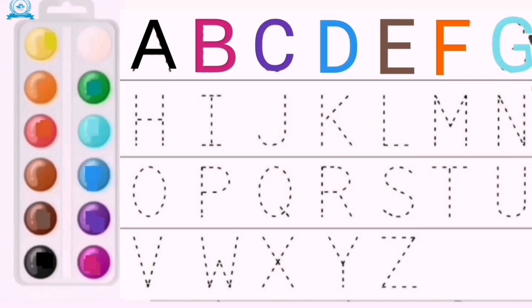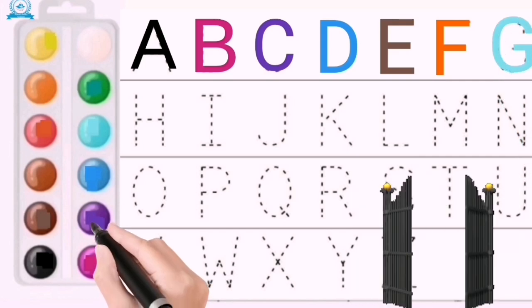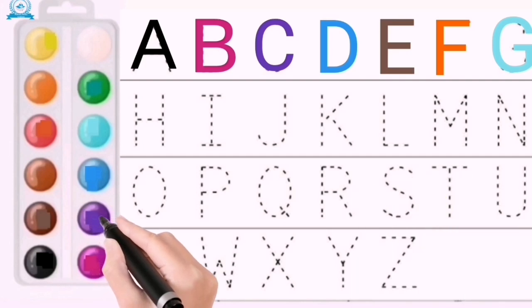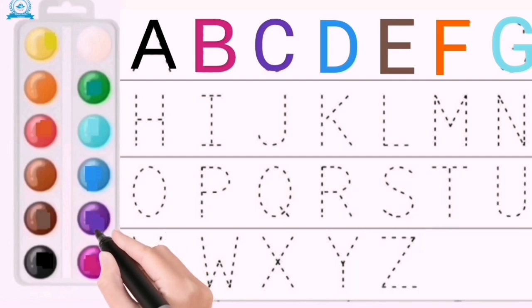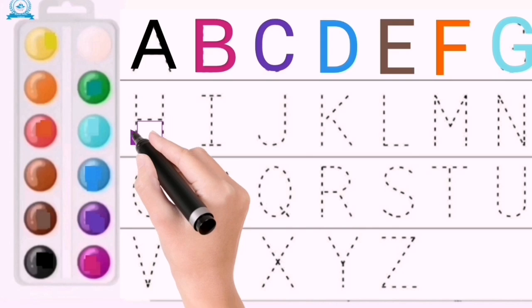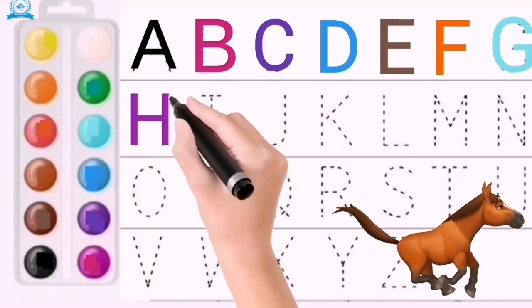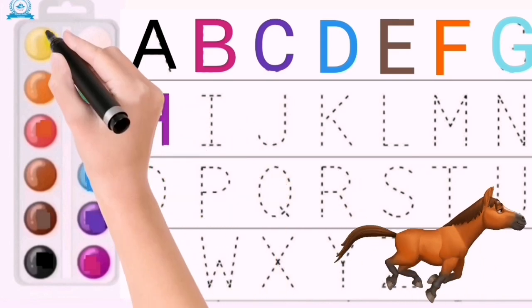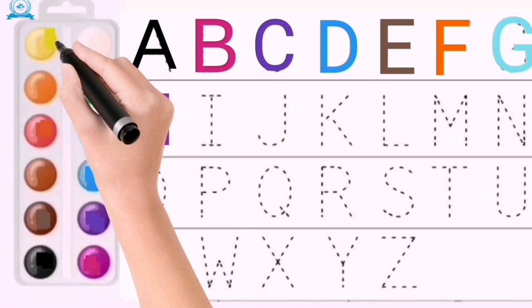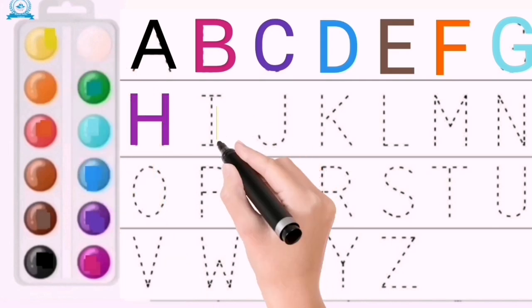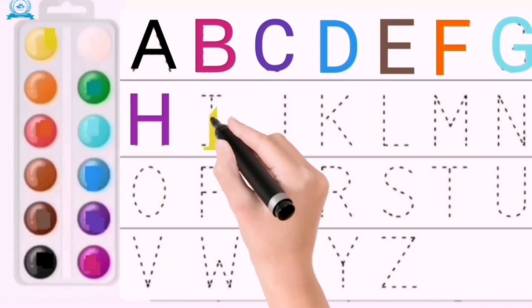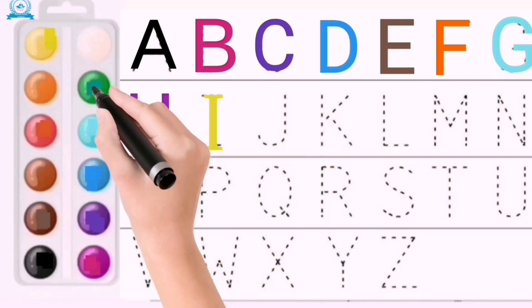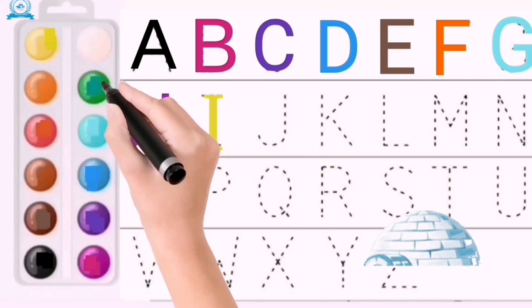G is for gate. H is for horse. I is for igloo.